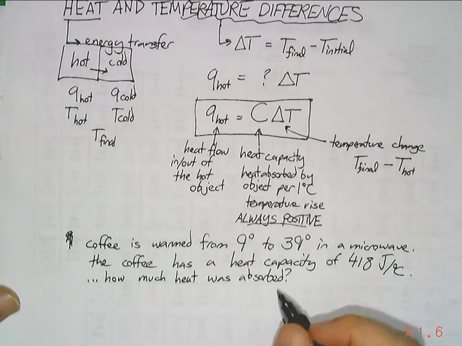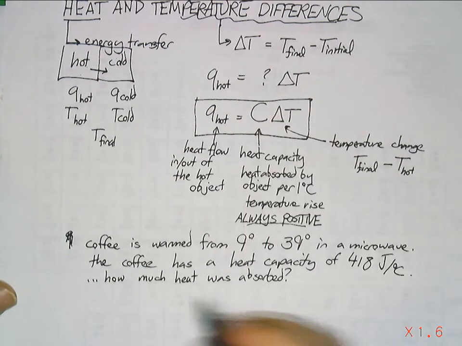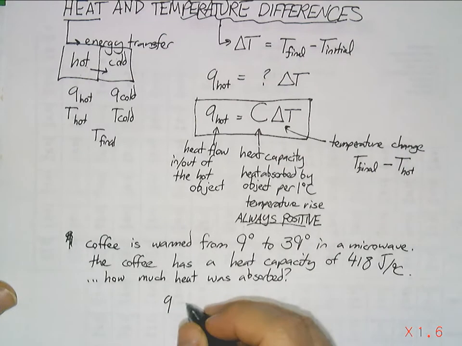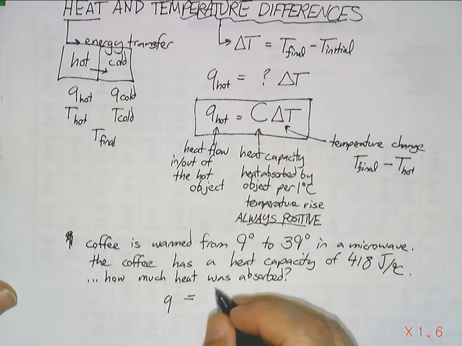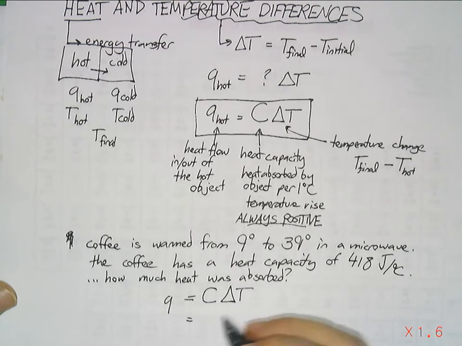Okay, well, you can pretty much just plug into this equation here. This is Q for the coffee. It's going to be C for the coffee times the temperature change for the coffee. They give us C for the coffee.